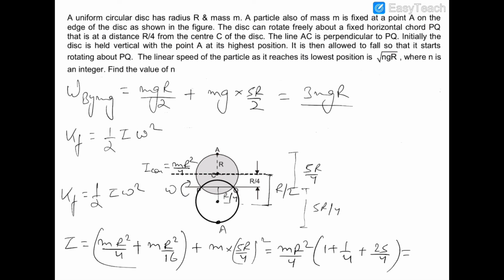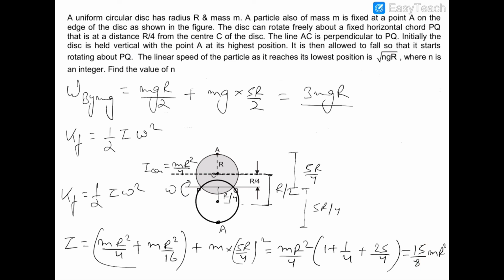So 30 by 16, and therefore it is equal to 15 by 8 mr square. This is 30 by 4, and this 4 in 4 is 16. So this is 30 by 16, which is 15 by 8 mr square.